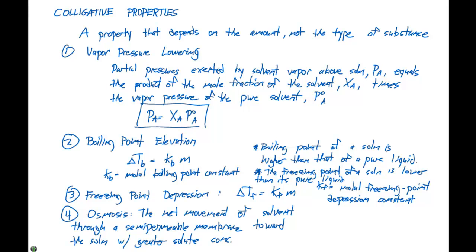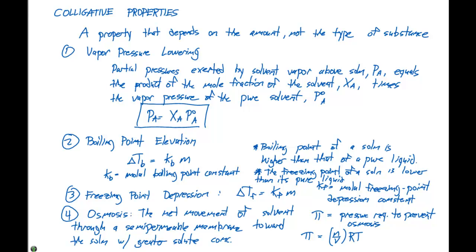And this can be expressed very similar to the PV equals nRT expression, except in this case we're going to use the Greek letter pi to be the pressure required to prevent osmosis. And we can take that PV equals nRT expression and manipulate this to say pi equals n over V times RT.